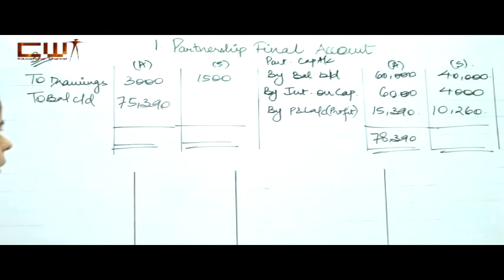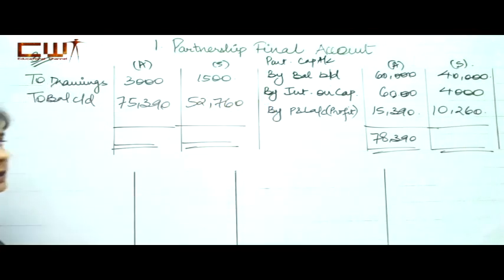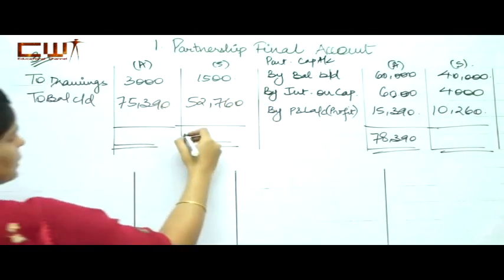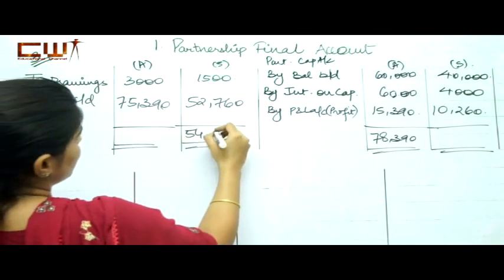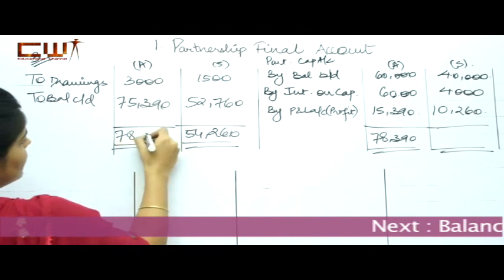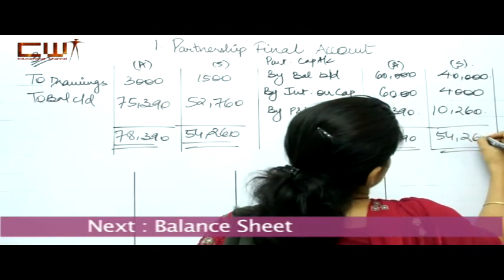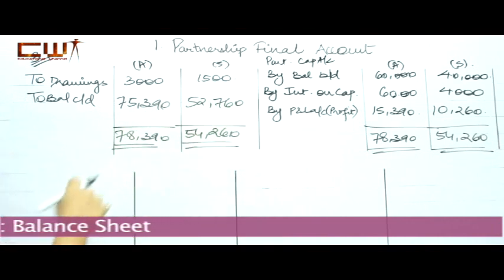So that will give you the balancing figure of 52,760. Right? Close it. This will be 78,390. This will be 54,260. Right? So this is the capital account.